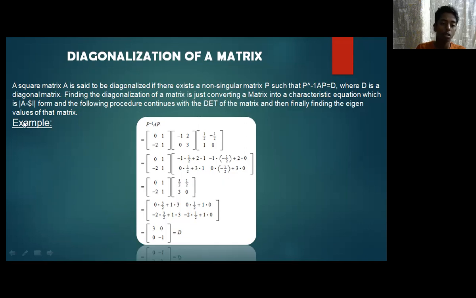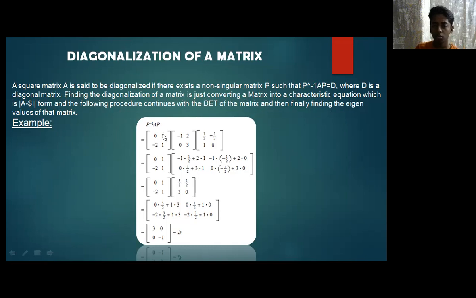Here, why I am taking dollar means it could be lambda, it could be any other character, but for an instance, I am taking dollar here, so that to understand very easily, A minus $I or A minus lambda I form, and the following procedure continues with the determinant of the matrix and then finally finding the eigenvalues of the matrix.